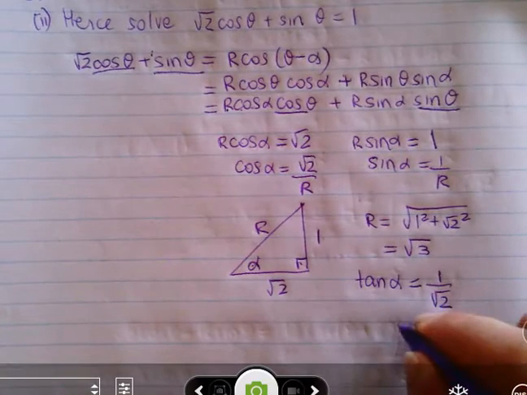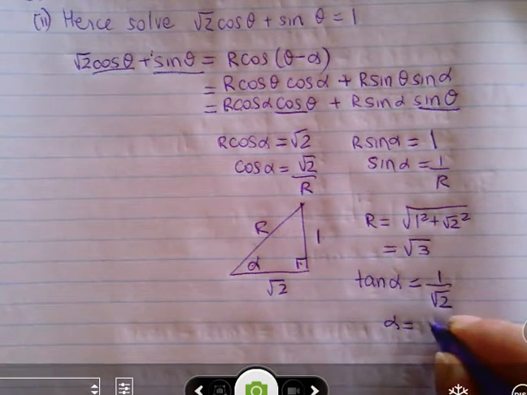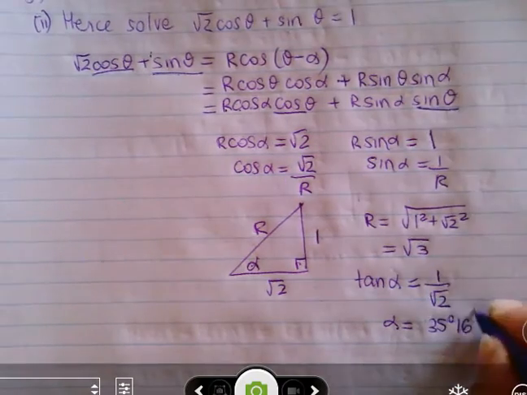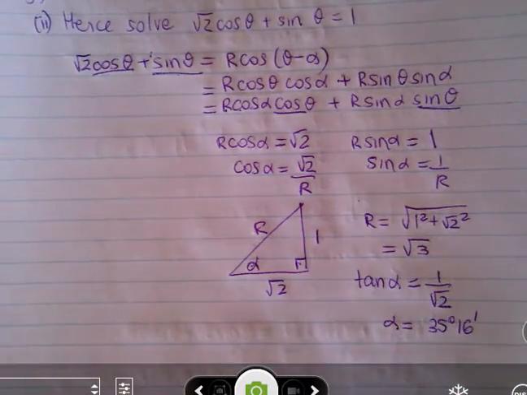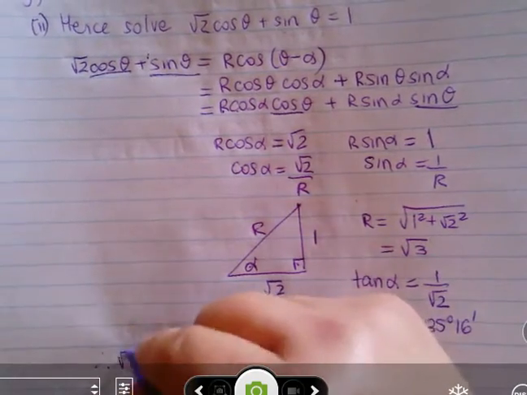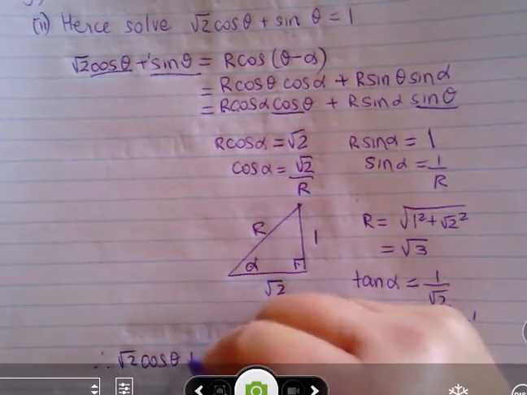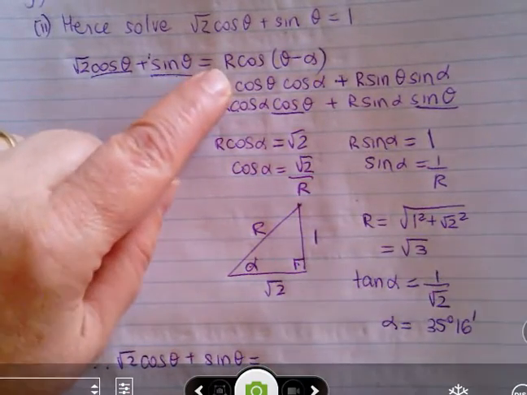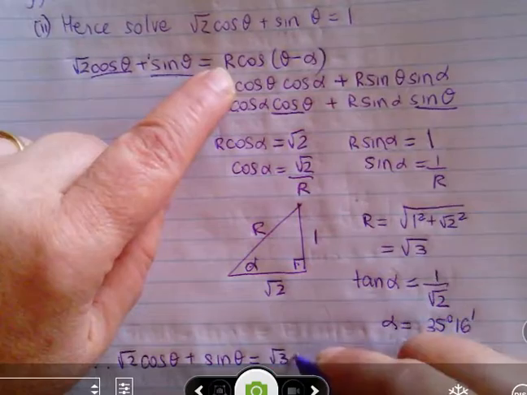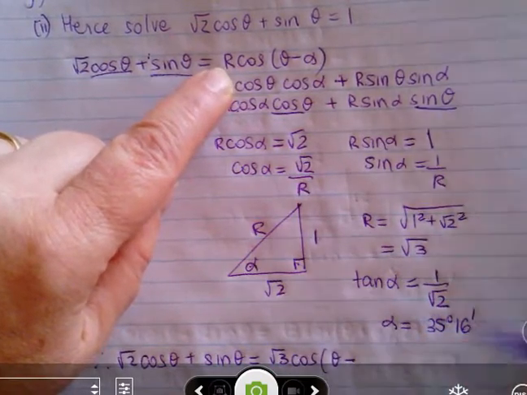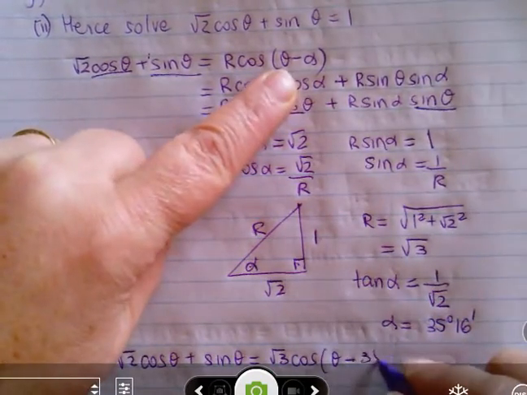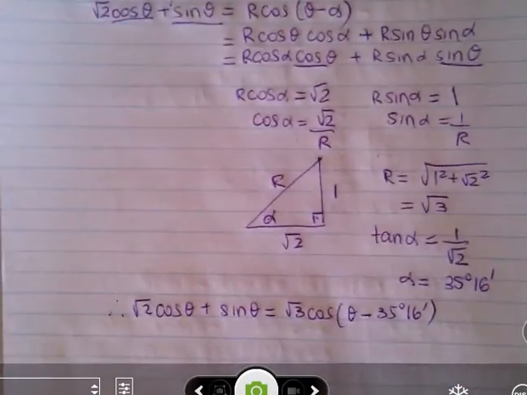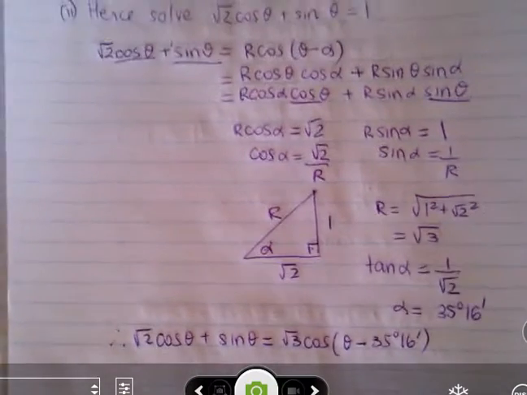So what have we got? Alpha is, I don't know how many degrees that is. 35. So alpha is 35 degrees, 16 minutes. So now we can say, therefore, root 2 cos theta plus sine theta can be written as r, which is root 3 cos(theta minus 35 degrees, 16 minutes). Are we good?